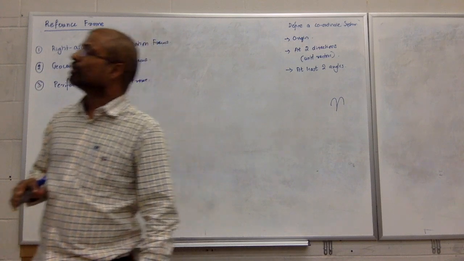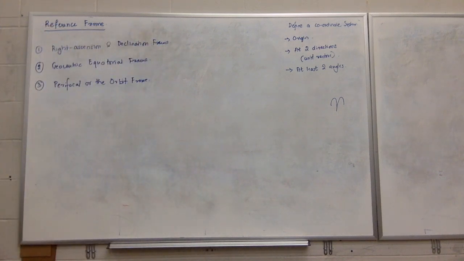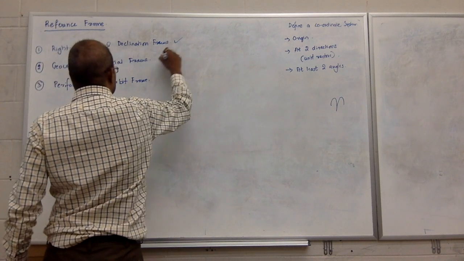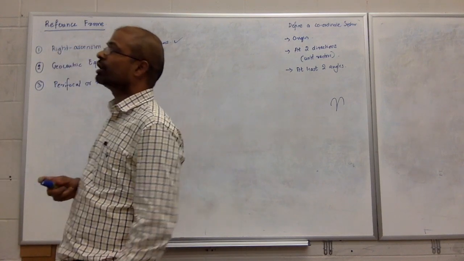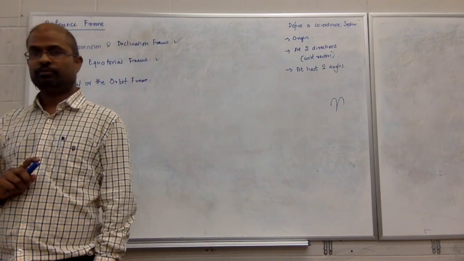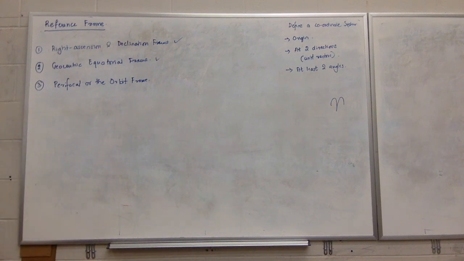Now here there is also the geocentric equatorial frame. Alright, we understood this. Let's try to understand this. Do you see the geocentric equatorial frame? Now again I'm going to point here. This line is defined, right?